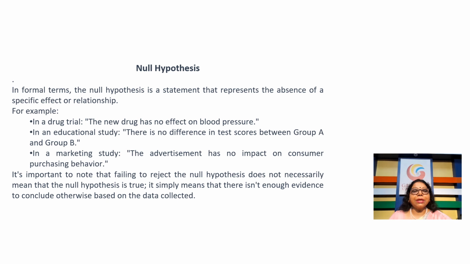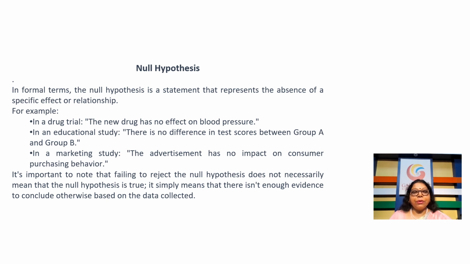So the researchers collect the data and perform statistical tests to determine whether the evidence supports the null hypothesis or suggests that there is a significant effect or difference. If the evidence strongly contradicts the null hypothesis, the researcher may reject it in favor of an alternate hypothesis, which suggests that the presence of a specific effect or relationship is there.